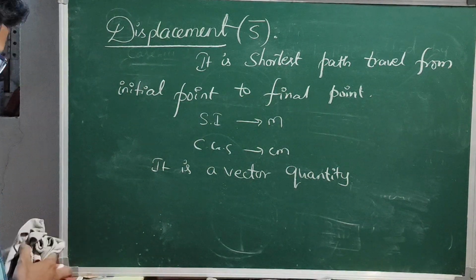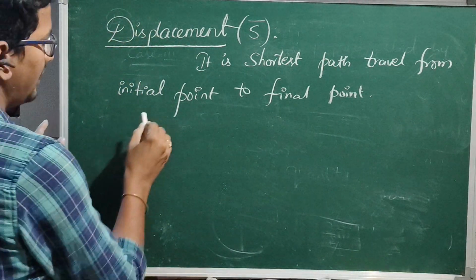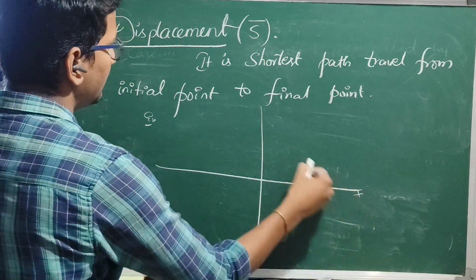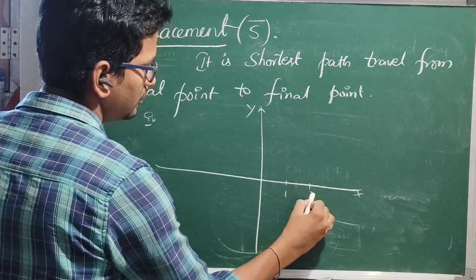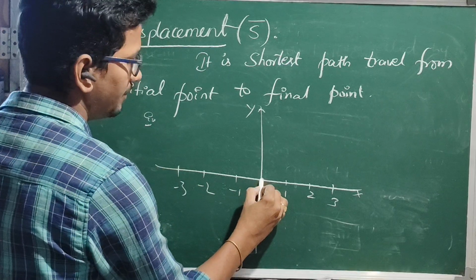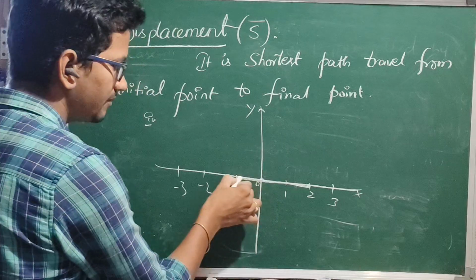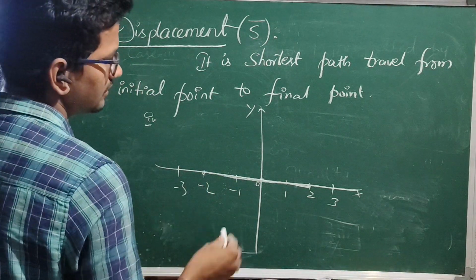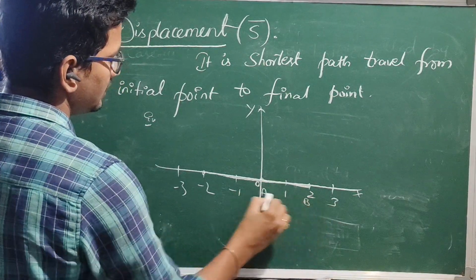For example, consider the same example, distance and displacement on the x-axis and y-axis. See, 1, 2, 3, -1, -2, -3. A person starts at the origin point, moves 2 meters, and again comes back to the -2 meters. See, this is the O point, A point, B point, and C point.